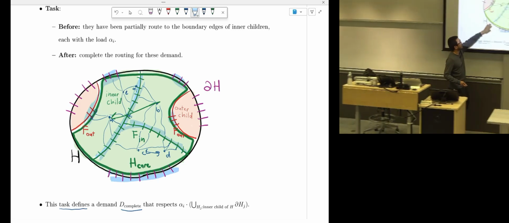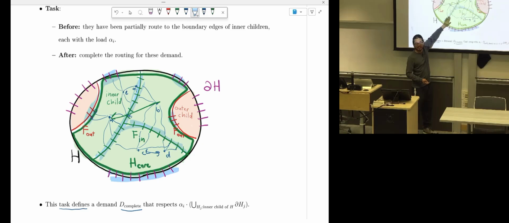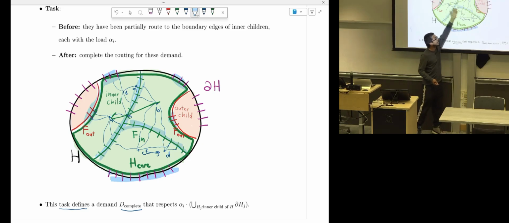If it's just the demand between F in only, do you agree that we can route with low congestion? Yeah, because F in is expanding. So any demand between F in, you can route with low congestion.